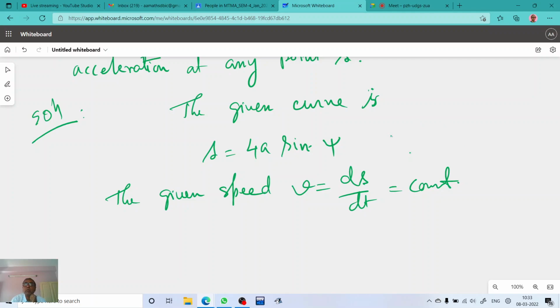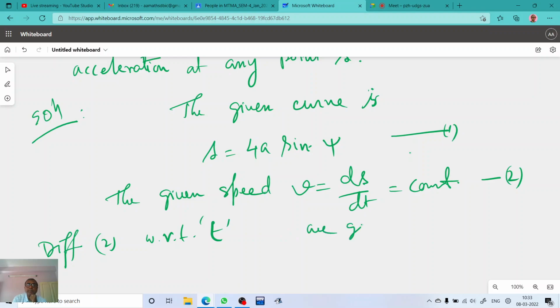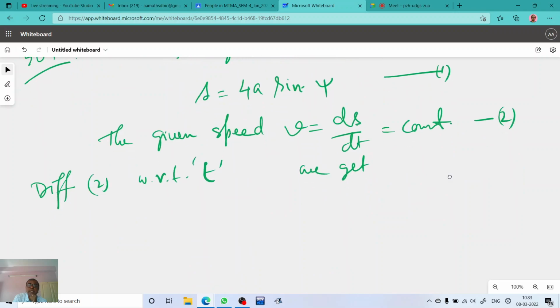Now call this 1 and this 2. Differentiating 2 with respect to time t, we get d2s dt square, that is dv dt, equals 0. So dv dt equals 0.